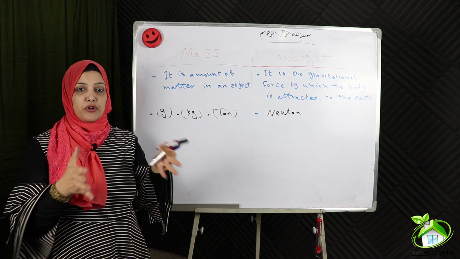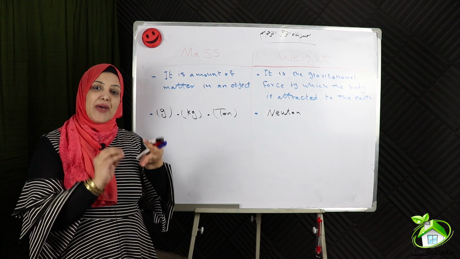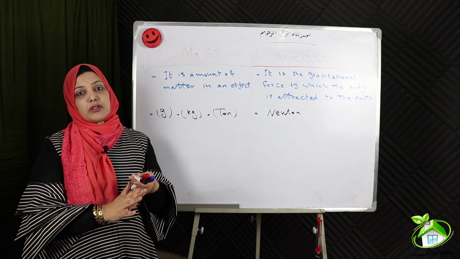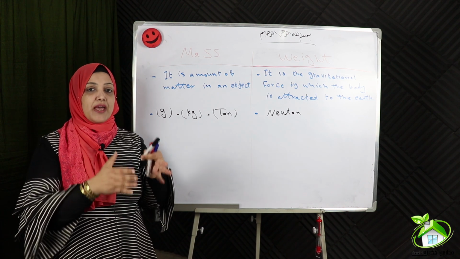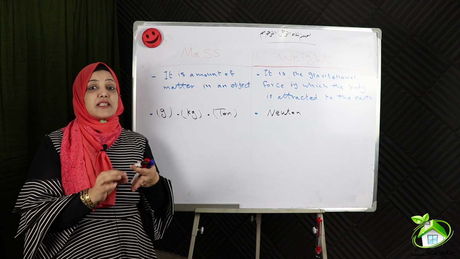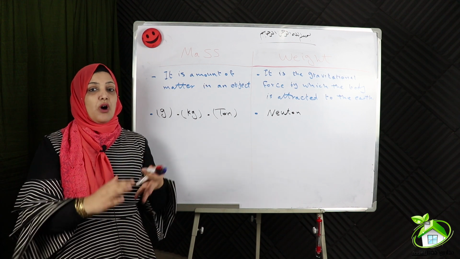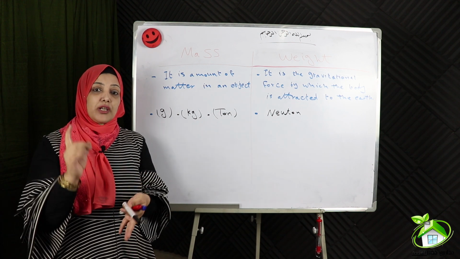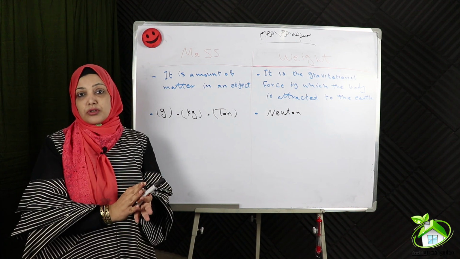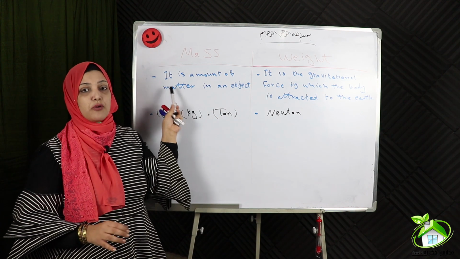If you have a book that contains 100 papers, its mass equals the mass of the 100 papers in this book. You have a bottle that contains 1 liter of water, its mass equals the mass of 1 liter of this water. So the mass is the amount of matter that the object contains.